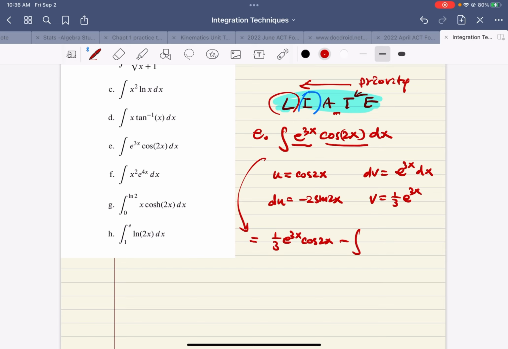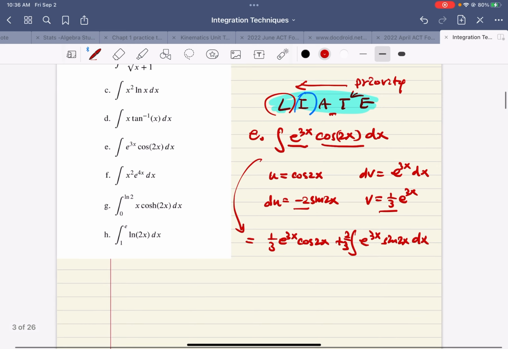When you multiply this constant, negative 2/3, it will be plus 2/3 integral e to the 3x sine 2x dx.